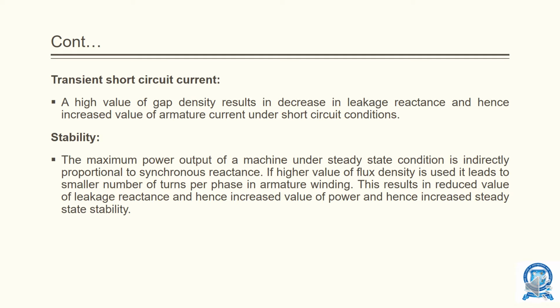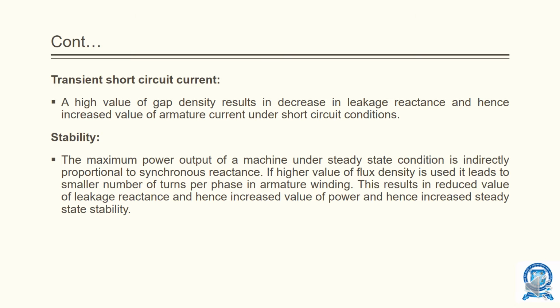The next parameter is transient short circuit current. A high value of gap density results in a decrease in leakage reactance and hence an increased value of armature current under short circuit conditions. Stability: the maximum power output of the machine under steady state condition is inversely proportional to synchronous reactance.